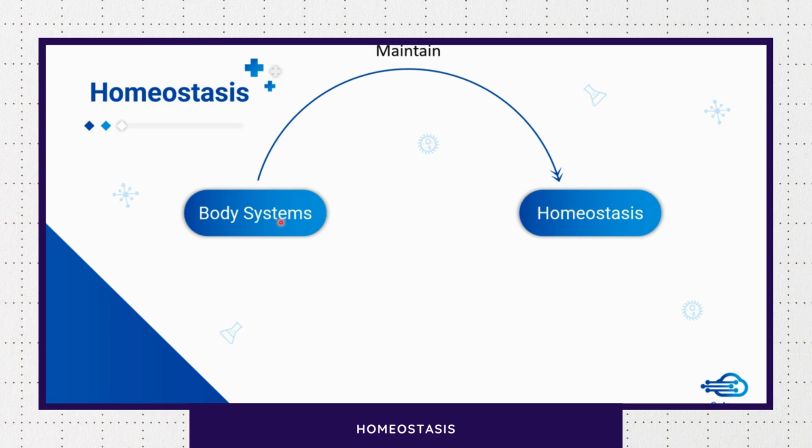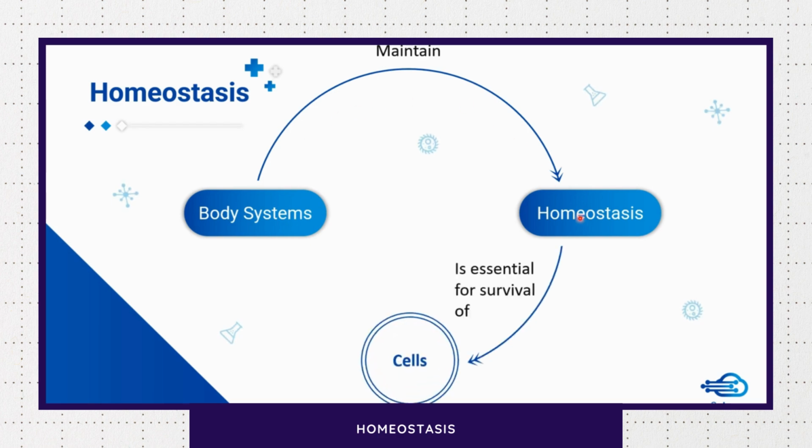So all body systems come together to maintain the homeostasis of the internal environment for the survival of the cells, and various cells together form the body systems. Getting the point? So various body systems are working together for the survival of each cell, and it is the various cells which come together and make up the body systems. So there are continuous disruptions going on in the internal environment by these cells.